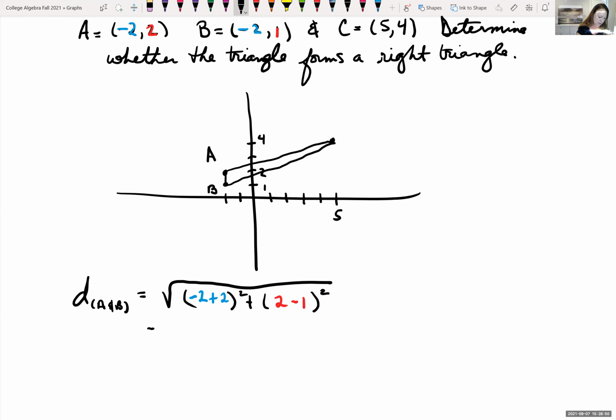So this would equal 0 squared, which is 0, and 2 minus 1 is 1. So 1 squared is 1, and the square root of 1 is 1. So this distance in here is just 1.